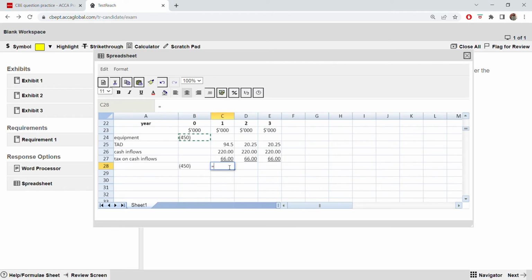When you're doing it, enter this plus this minus this, enter. For the other cell you don't have to do it, just drag it. Automatically it will deduct the last cell.